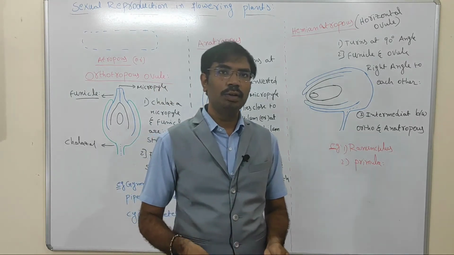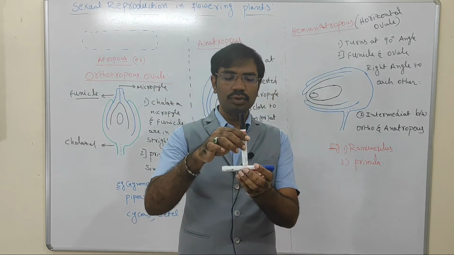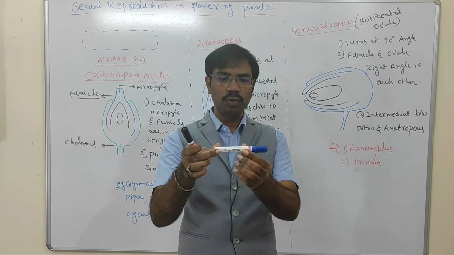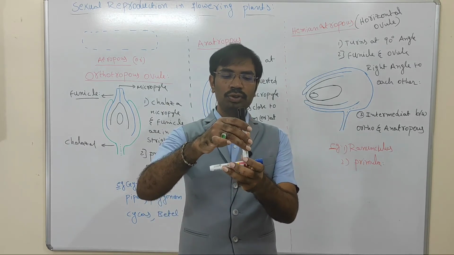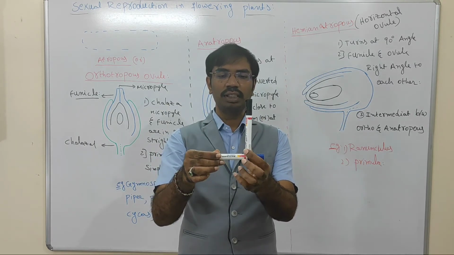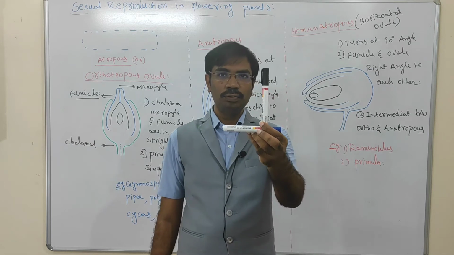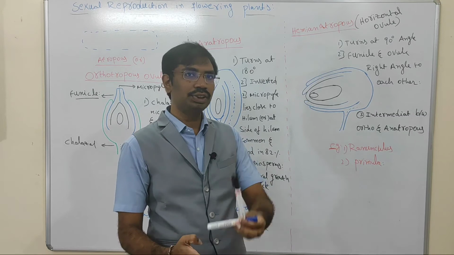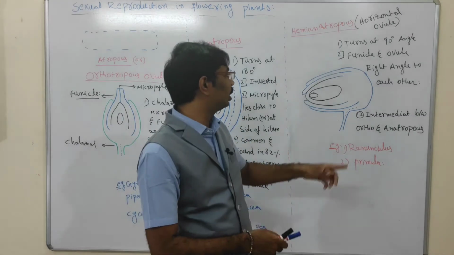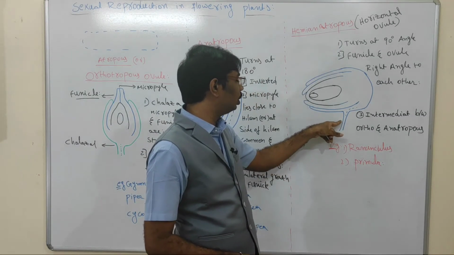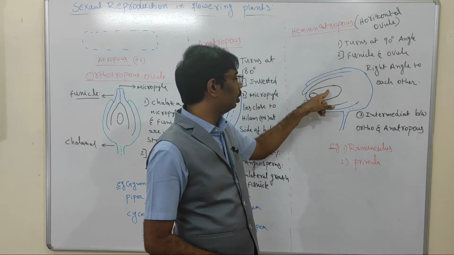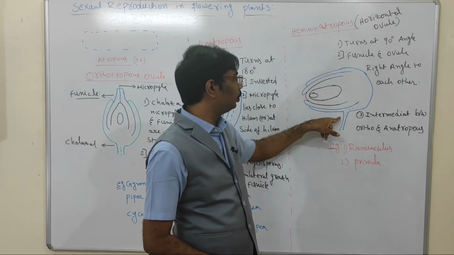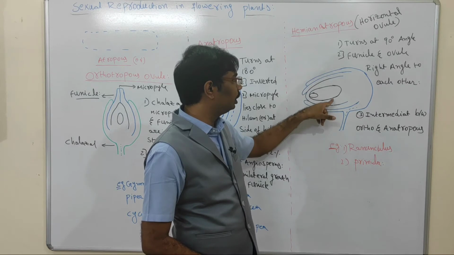What is the meaning of funicule and ovule being at right angles to each other? This is the funicule and this is the body of the ovule, and the angle between them is 90 degrees.